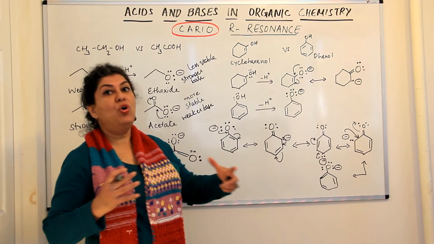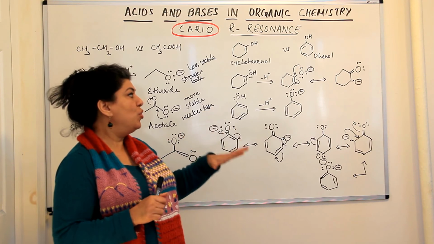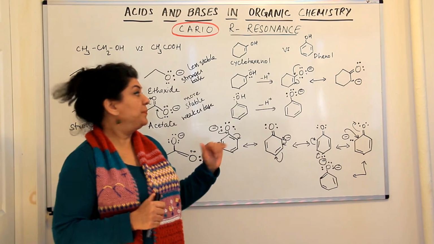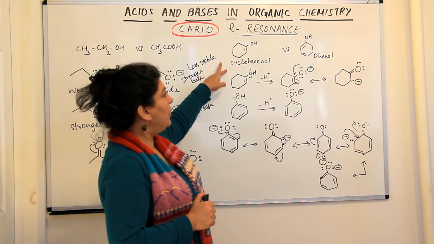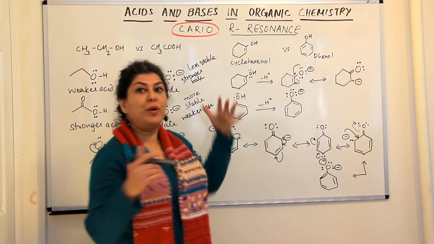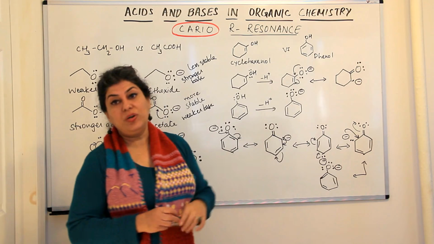And the more the resonating structures, the more is the stability. So out of these two compounds, that is cyclohexanol and phenol, which one should be more stable? The phenoxide ion should be more stable.